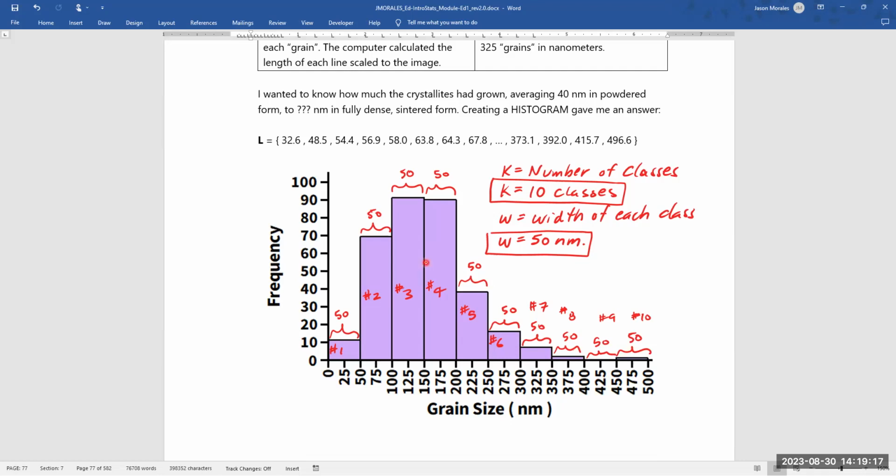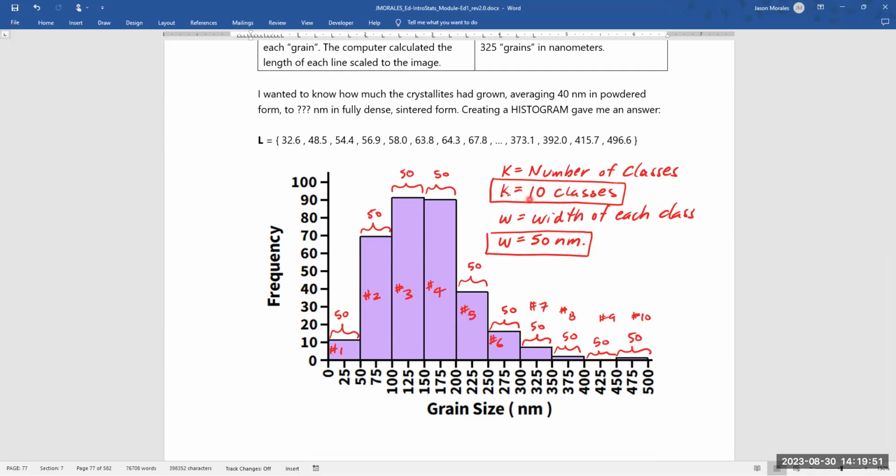So remember what I said about histograms, is that the bars have equal width, but they are a width that you calculate. And so you'll notice that the width of each bar is 50. So 50, 50, 50, 50, 50, and so on. And the number of bars that I've got, the number of classes that I have, are 1, 2, 3, 4, 5, 6, 7, 8, 9, 10.